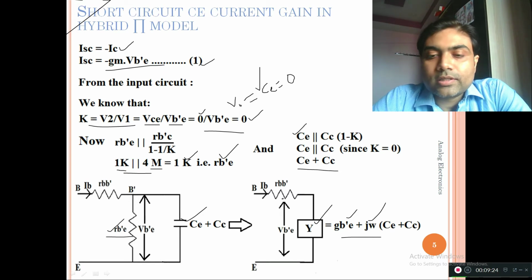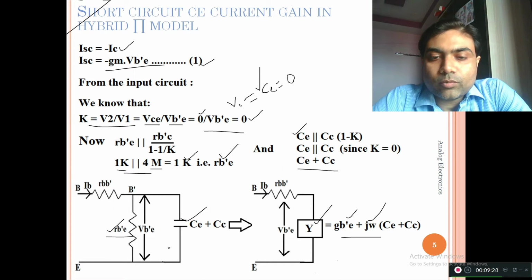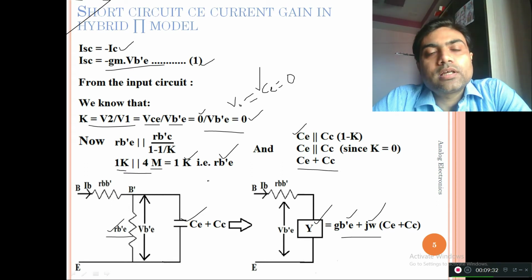So let's move ahead. If I want to calculate VB'E, it is the voltage present across this admittance.